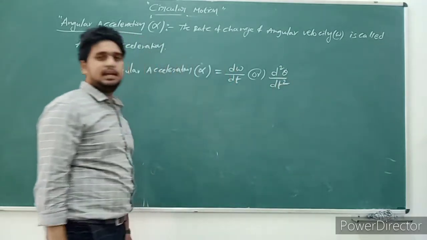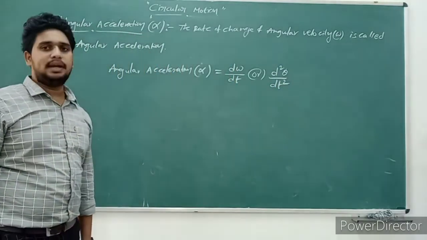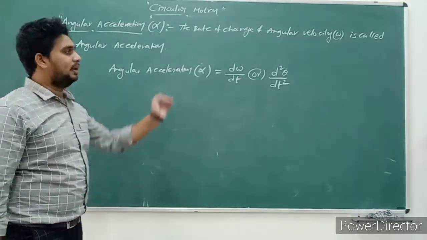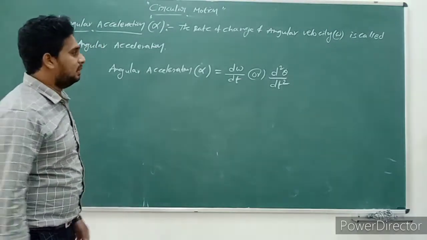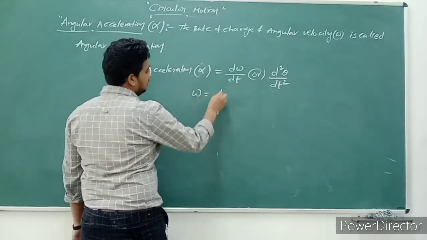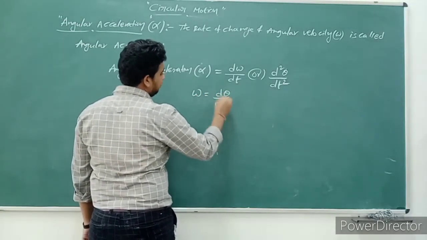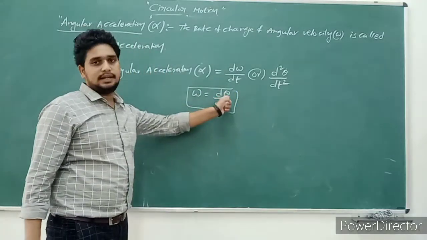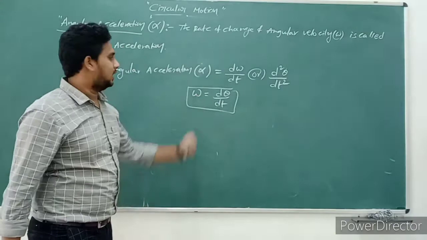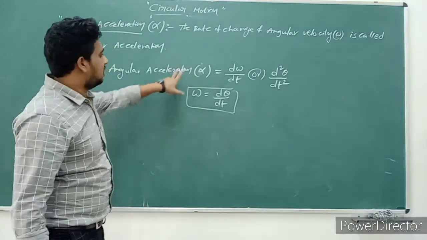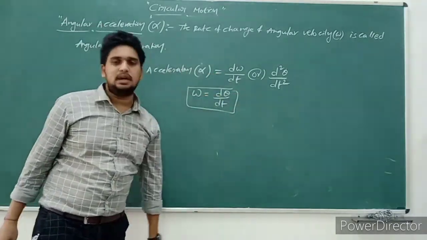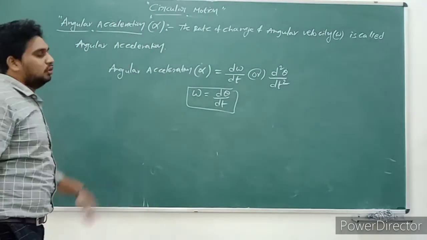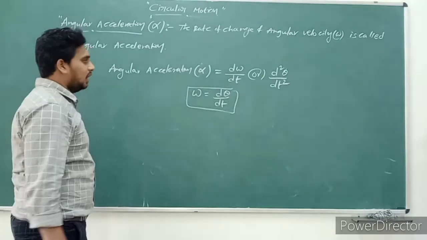This is because omega is d theta by dt, the differentiation of angular displacement with respect to time is angular velocity. So angular acceleration alpha is equal to d omega by dt or d square theta by dt square. This is about angular acceleration alpha.